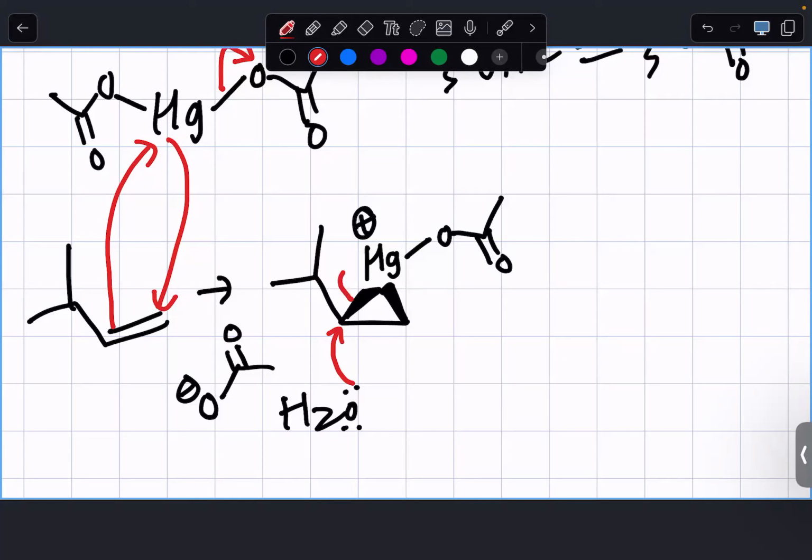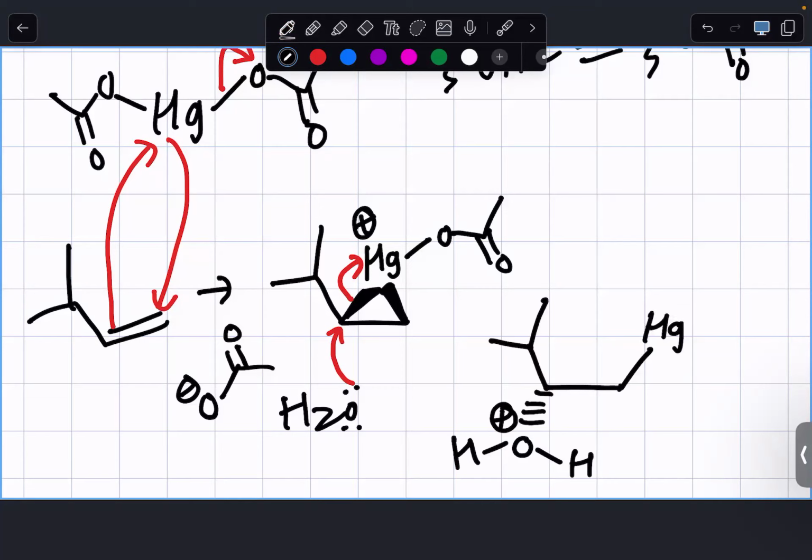And then we're going to break that open right there. So we're going to invert that wedge into a dash. And then that will become this. This bond right here is supposed to be a wedge, but I got rid of that wedge because that's no longer a chiral center.